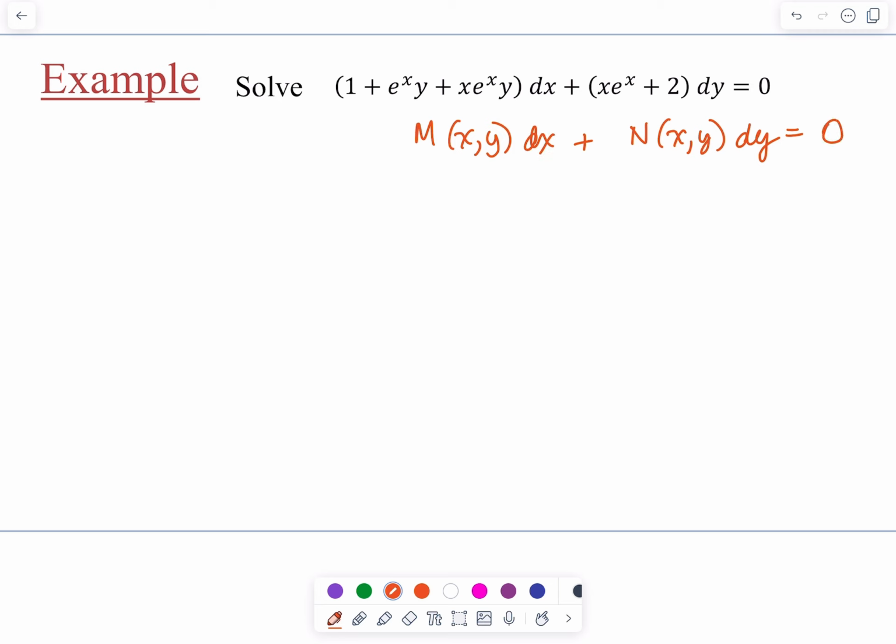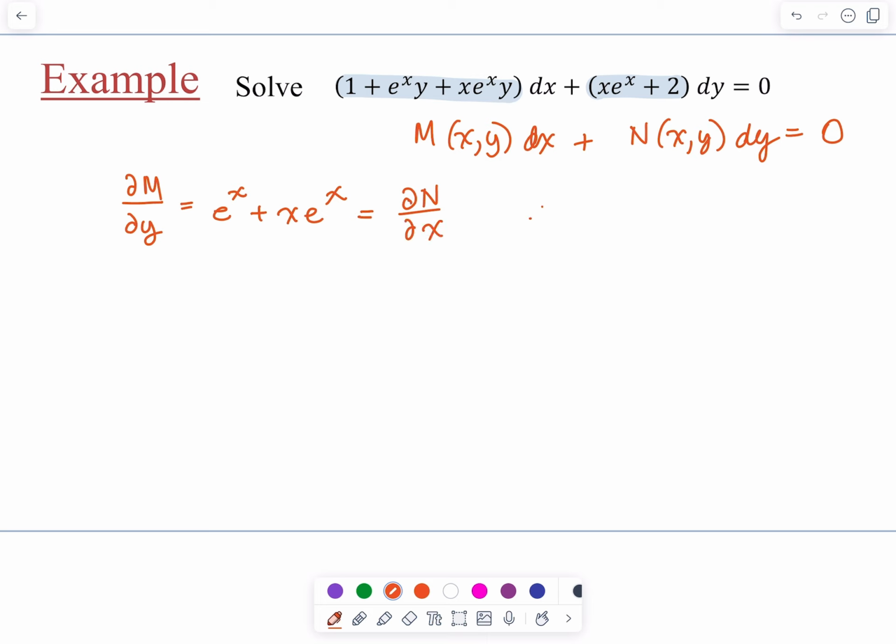Okay. So now we'll take our partial derivative of M with respect to y, and we can see that that is equal to e to the xy plus xy e to the xy. And as you can see very well, that is equal to the partial derivative of N with respect to x.